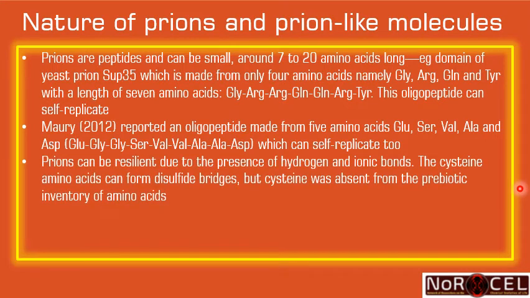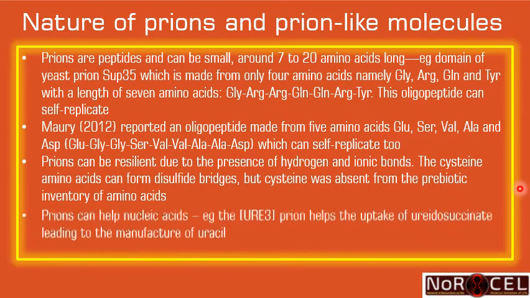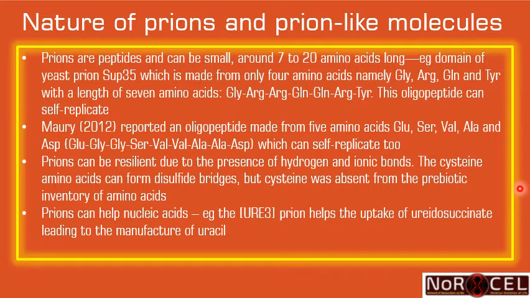Prions can be resilient due to the presence of hydrogen and ionic bonds. The cysteine amino acid can form disulfide bridges, but was absent from the prebiotic inventory of amino acids. Prions can help nucleic acids. For example, the Ure3 prion helps the uptake of ureidosuccinate, leading to the manufacture of uracil.